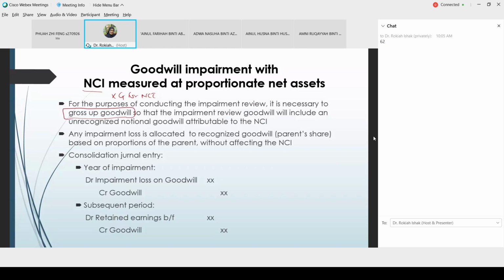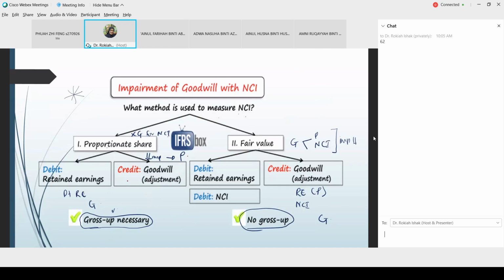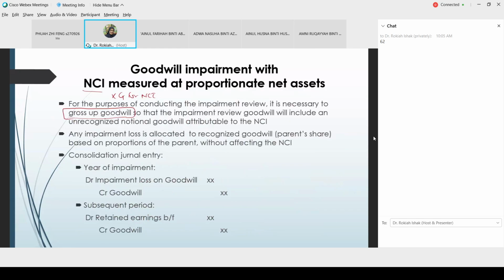So remember the table that we had previously. We need to gross up here so that the impairment review goodwill will include the unrecognized goodwill that is attributable to the NCI, because you want to recognize the amount which is not yet recognized for the NCI.